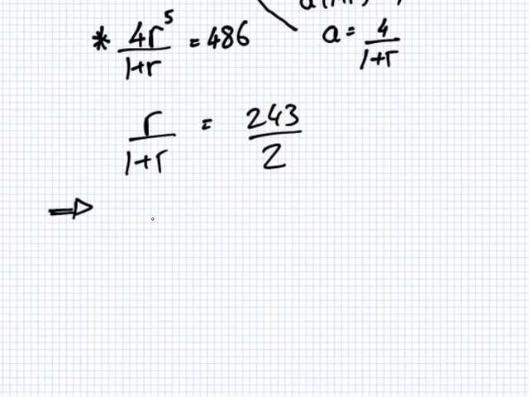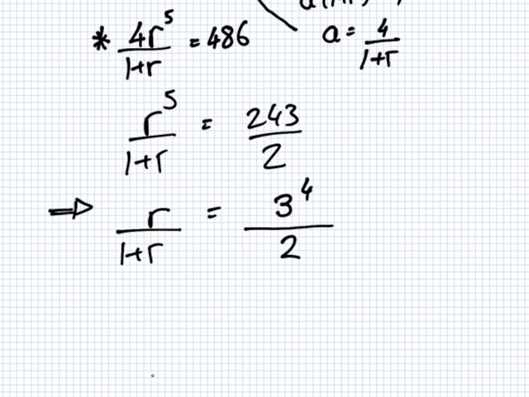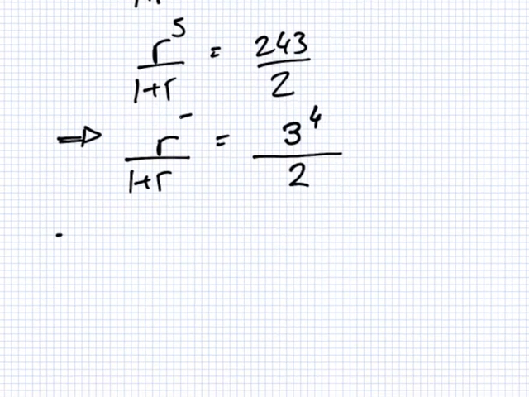I can change this into r^5 over 1 plus r, and this is equal to, let me think carefully here, 243 is a power of 3, isn't it? It's 3 to the power 5 over 2. Sorry, I keep dropping my 5 here.